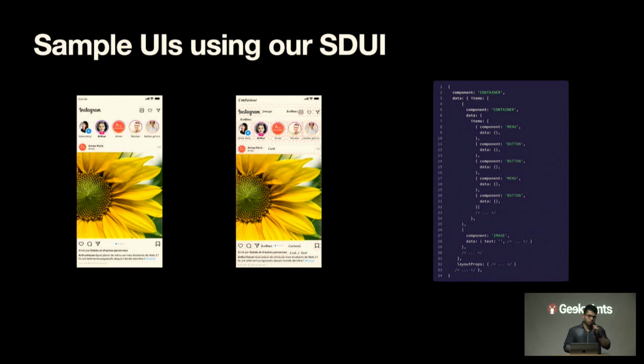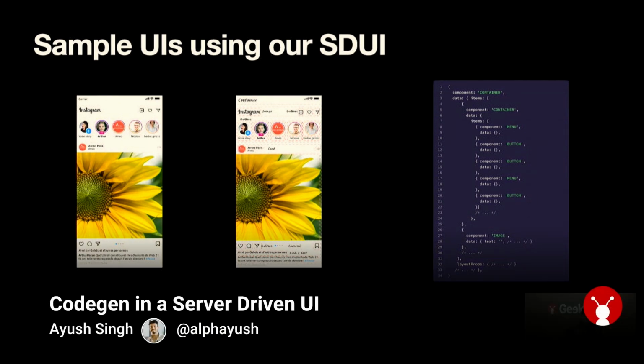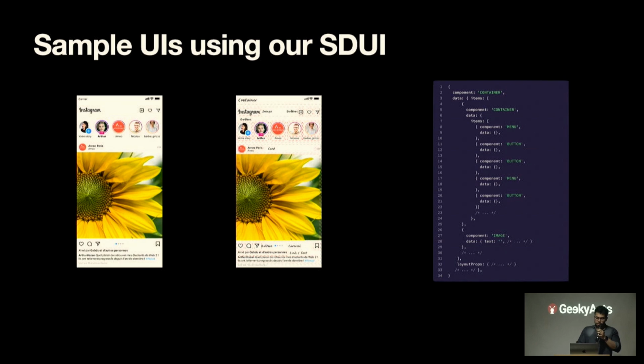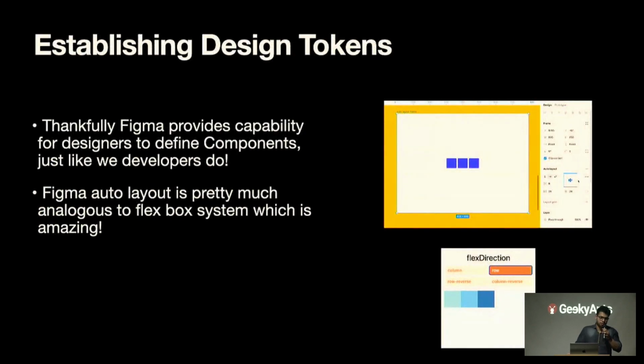For the sake of the use case for Instagram, maybe they might have a card component. Within the card, they might have a carousel component. So that's specific to their use case. So I just wanted to prove to you, showing that you can build this UI on the fly using server-driven UI. In fact, that's how I believe Meta is also doing this. So yeah, we have established that server-driven UI is powerful.